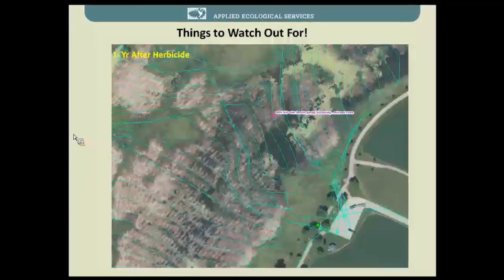Things to watch out for are imprecision, and sometimes the equipment that we've seen folks using actually mats down the vegetation ahead of the equipment, and the layer of Phragmites on top of the underlying layers actually shields the underlying layers from getting treated by herbicide.